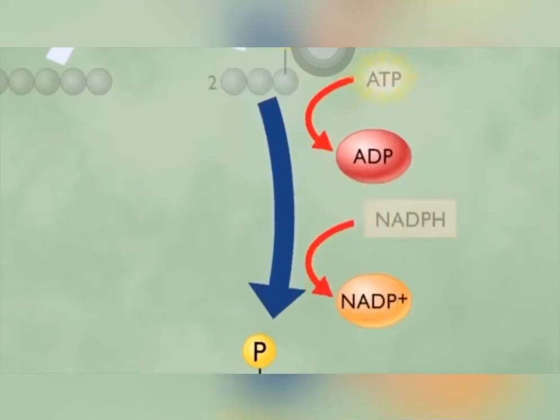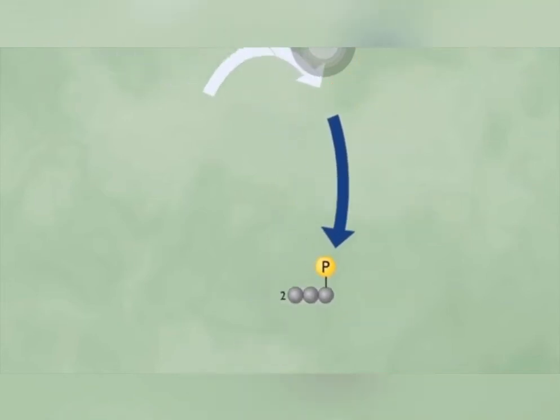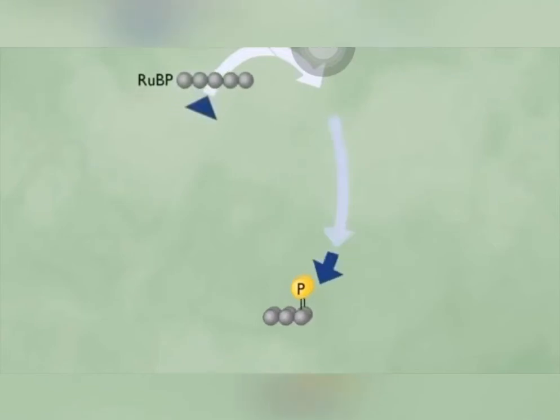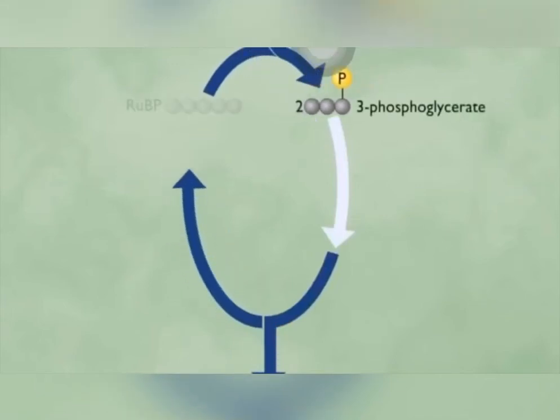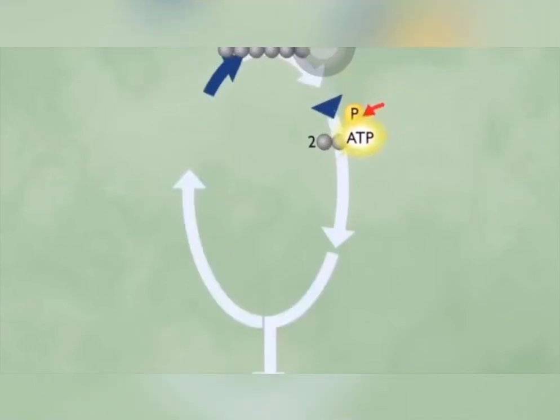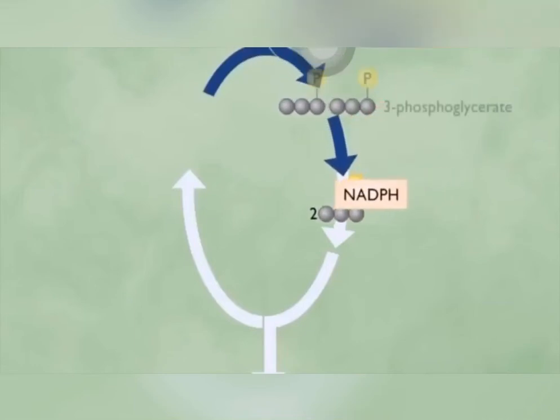Using energy from ATP and reducing power from NADPH, which are products of the light reaction, the pair of 3-phosphoglycerate molecules move through a series of reactions and are converted into 2 molecules of G3P.